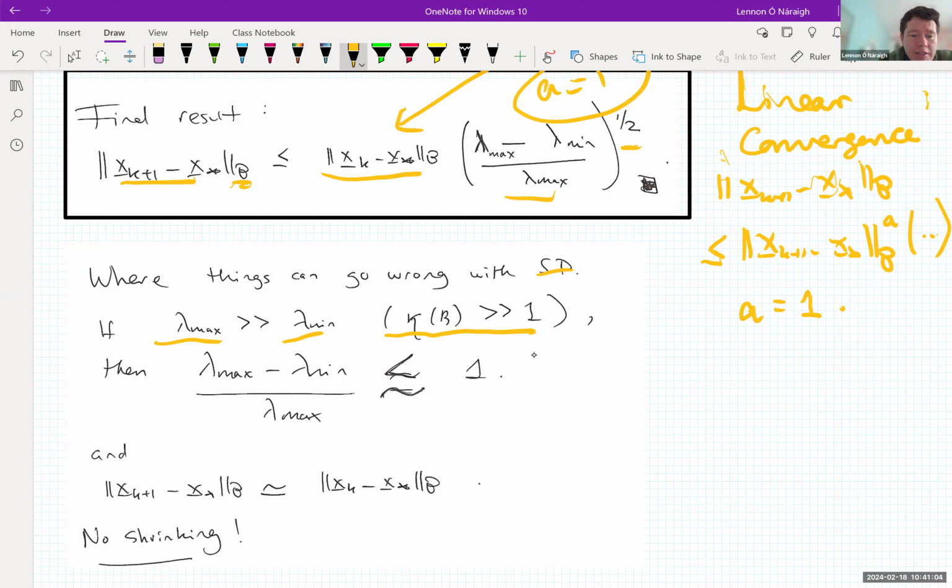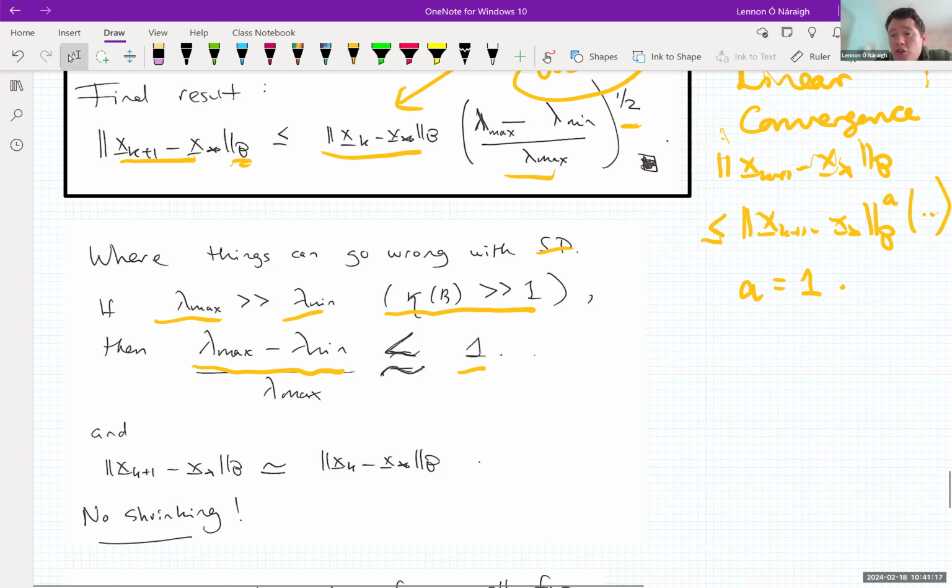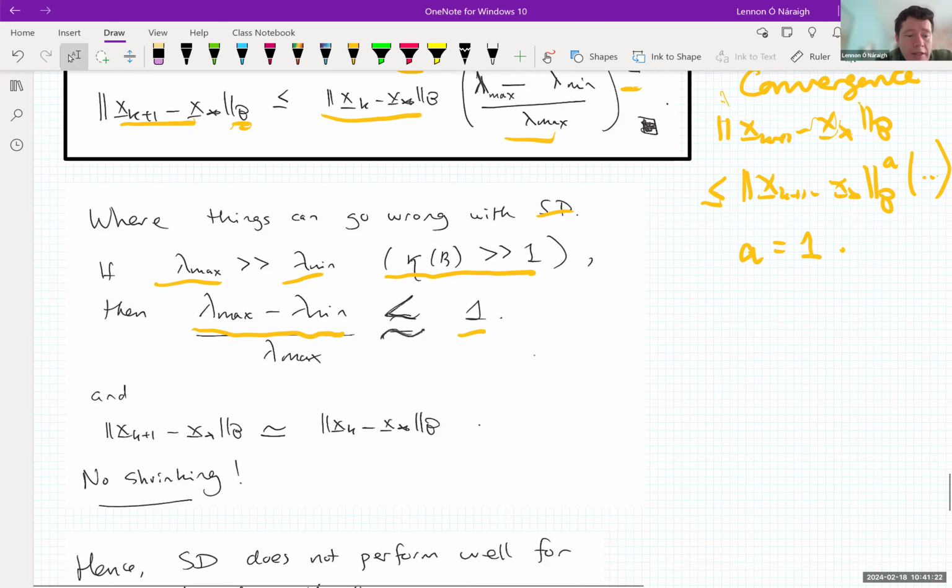In which case, this ratio, lambda max minus lambda min over lambda max, is always strictly less than 1, but it's tending towards 1. So then this shrinkage factor is tending to 1 as well. So in going from the previous iteration to the next, you don't get any shrinkage at all, or if you do, it's very, very small. And that means in such a case that the convergence is very slow.